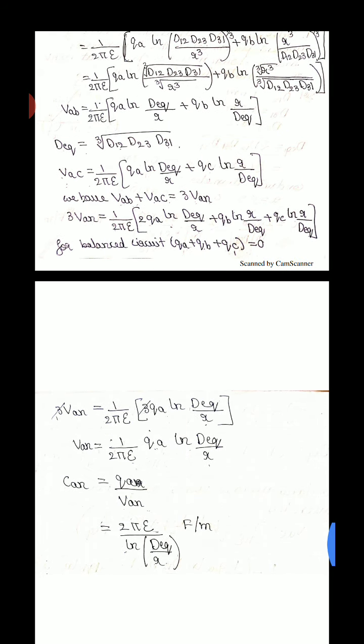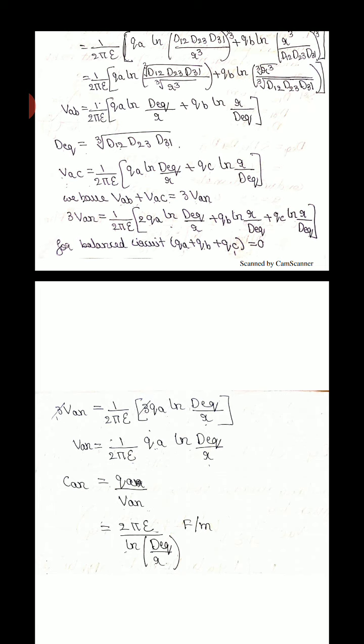If we change the numerator and denominator, then the sign will be changed. Then 2 QA ln D equation divided by R plus QA ln D equation divided by R you will get. Then that addition you will get 3 QA ln D equation divided by R. Okay, I have written directly.